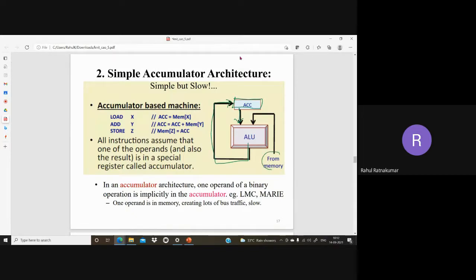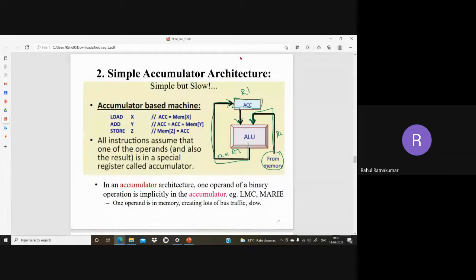The other operand is coming from some other memory, register, or location. But one operand is always in, for example, R1. R1 is in the accumulator, R2 is coming from some other area, and the result R1 plus R2 again goes to the accumulator.